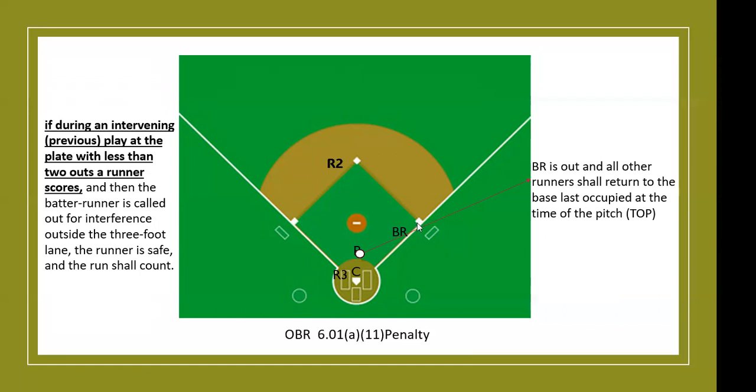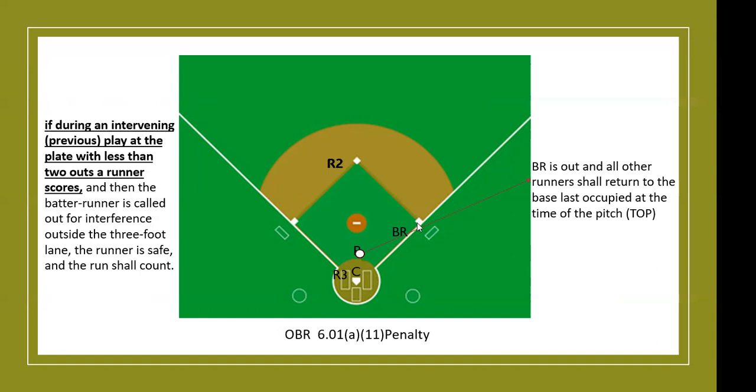Because we attempted a play on R3 via throw, a tag, or an attempted tag, the result of that particular play or attempted play stands. And then we have runner's line interference on the batter runner. The batter runner is going to be out. R3 is going to score, and R2 would go back to wherever they started this play, which was second base.